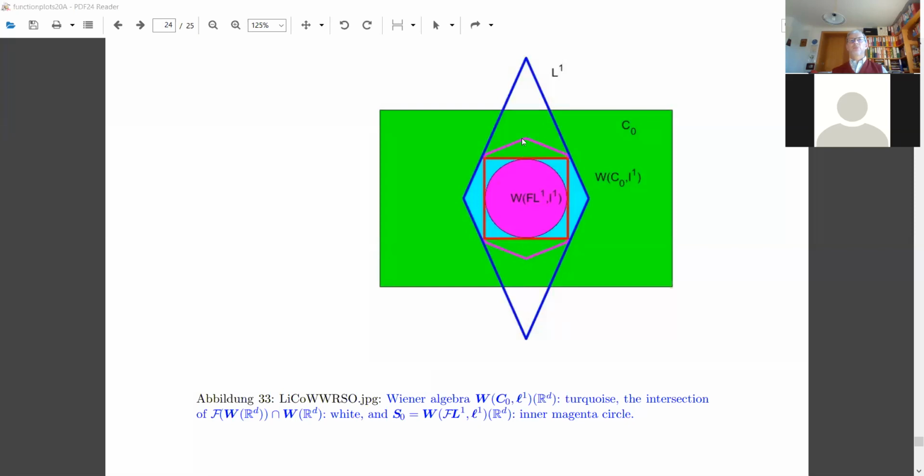So I'm using symbols for spaces, and their Fourier image is then the same, rotated by 90 degrees. Now, if you take the light blue hexagon intersected with the rotated hexagon, you get exactly this square. I didn't fill the color, but that is what you should think of as the space of nice, decent Riemann integrable functions with a Fourier transform which is Riemann integrable.